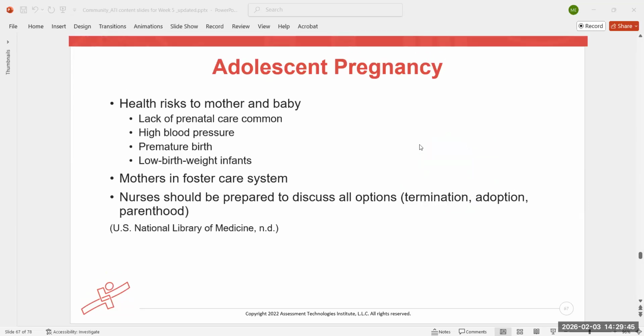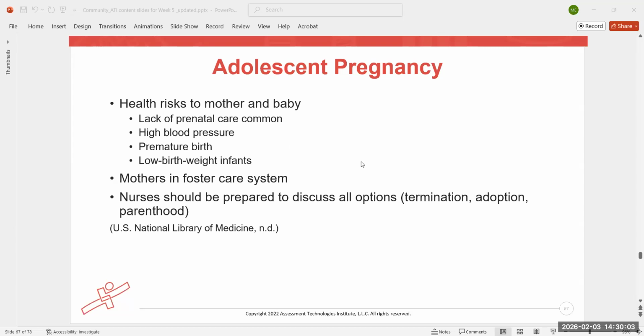Adolescent pregnancy, there's a higher risk to moms and babies. There might be a lack of prenatal care. Mothers might be within the foster care system. Other things that could be present, like high blood pressure, risk of premature birth, low birth weight with infants.